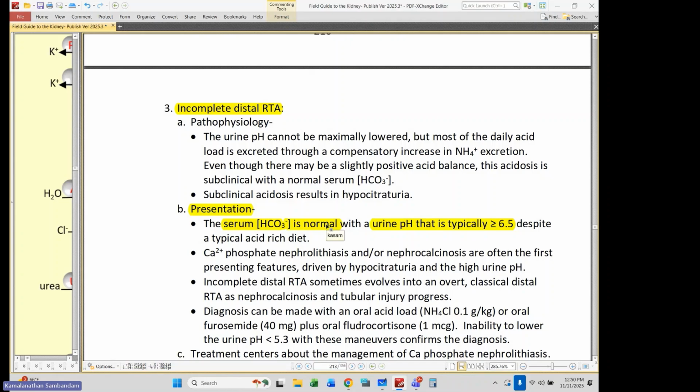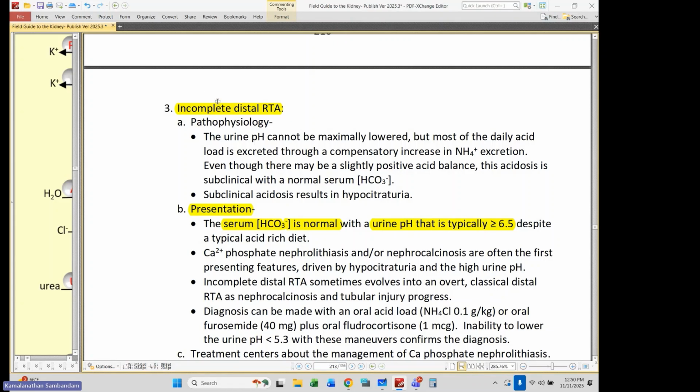So they have diminished capacity to excrete acid. As long as the acid load is relatively modest, I'm able to achieve a normal serum bicarbonate. I just can't maximally acidify my urine.